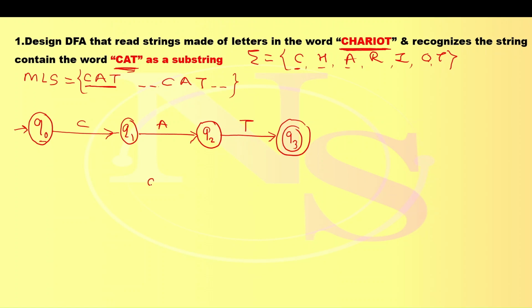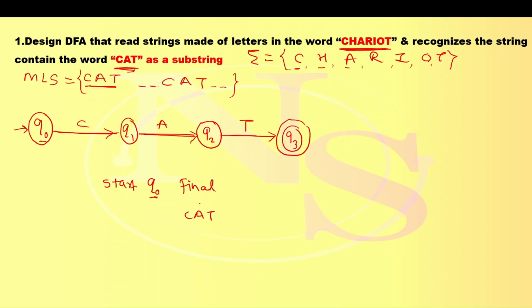So let's make Q0 deterministic. How to make it? Write down Q0, which I want to make deterministic. Ask yourself how to reach Q0 from the starting state. Ask yourself how to reach the final state from Q0. Q0 itself is the starting state, so starting to Q0, no need to read anything. Q0 to final, what to read? To reach the final state from Q0, I need to read CAT.